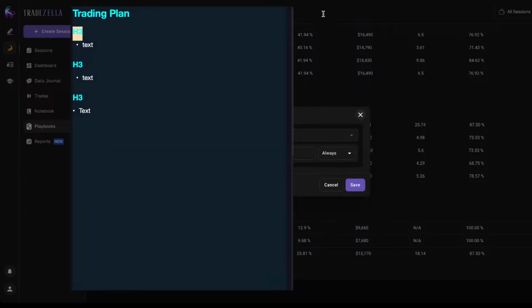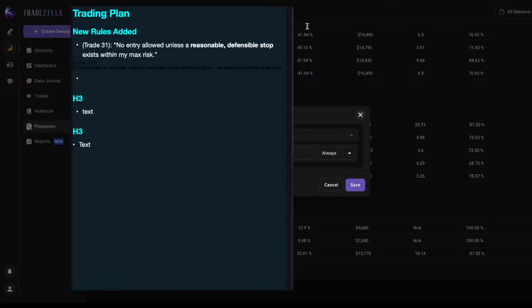Trading plan, new rules. New rules added. We learned on trade 31. Here's what we learned. We applied this new rule here.